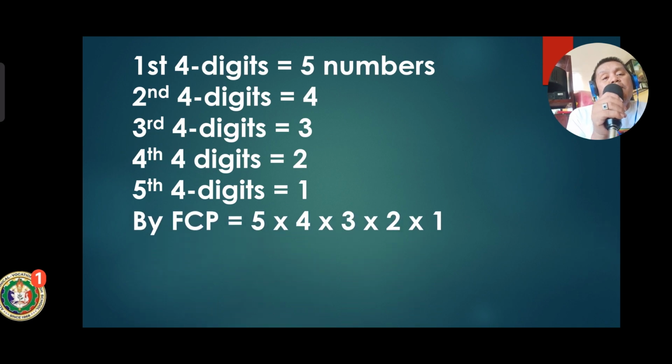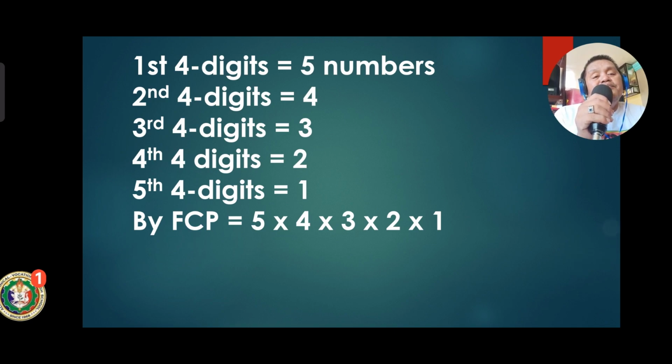And by the fundamental counting principle, so that you can get the number of arrangements, you are going to multiply 5 by 4, by 3, by 2, and by 1. So using the factorial notation, we have 5 times 4 times 3 times 2 times 1.